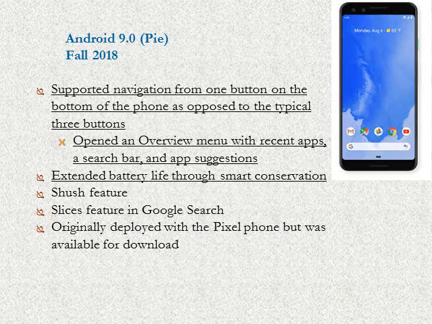Android 9.0, in this one visual difference from the earlier versions, that at the bottom of the earlier versions they had three famous buttons that are used in all of the versions, but now those buttons were replaced by one button. The battery was enhanced.